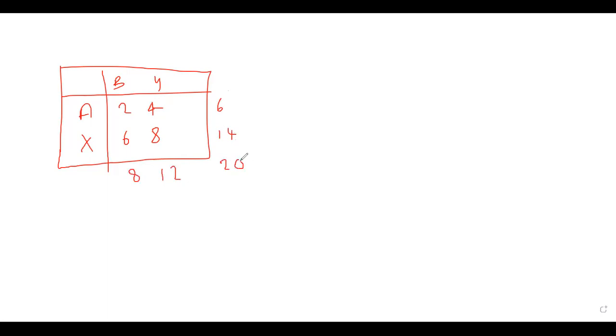Then we're going to find the respective probabilities of A, B, X, and Y. How do we find the probability of A? It's 6/20, because the total of the 6, then you divide by the 20, the grand total.